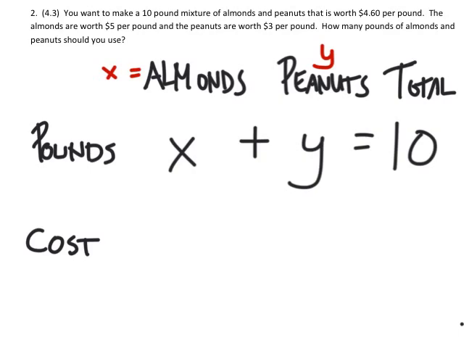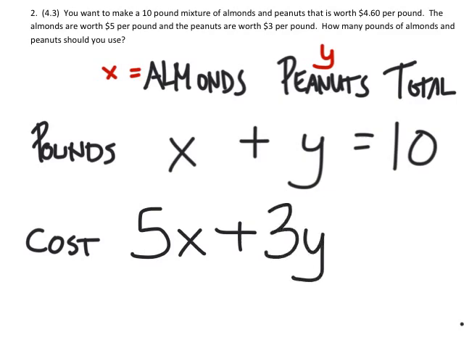Next we'll set up the equation for cost. And we know that the cost for the pounds of almonds is going to be $5 per pound. So if we multiply that by the number of pounds, we'll have the total cost of the almonds. But we'll add this to $3 per pound for every pound of peanuts.